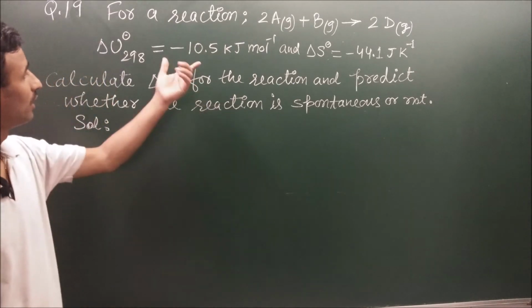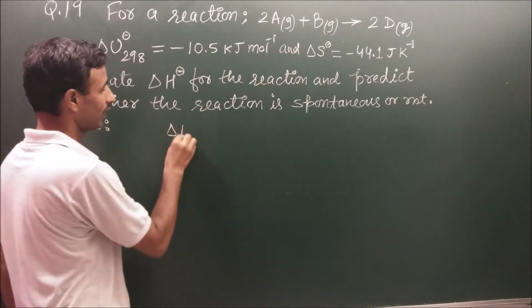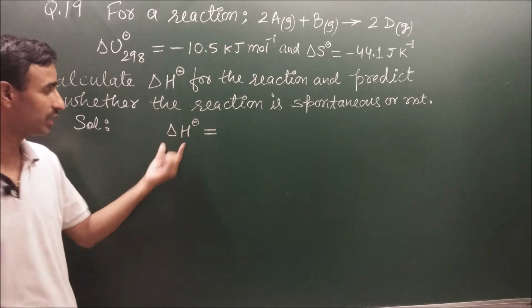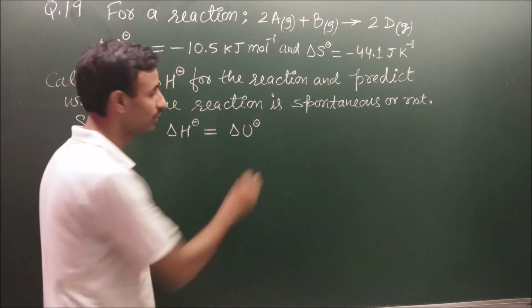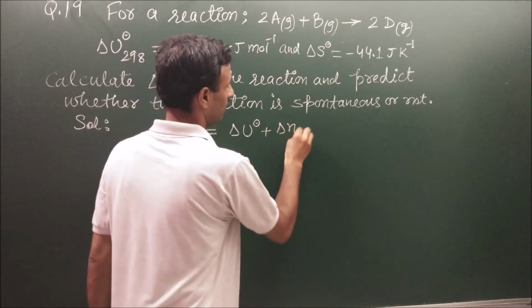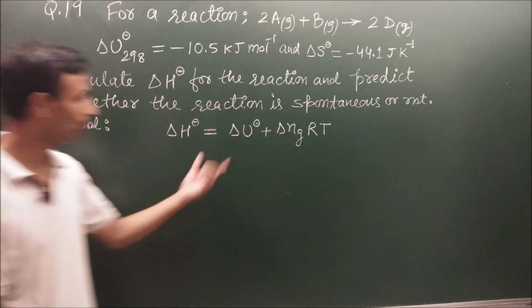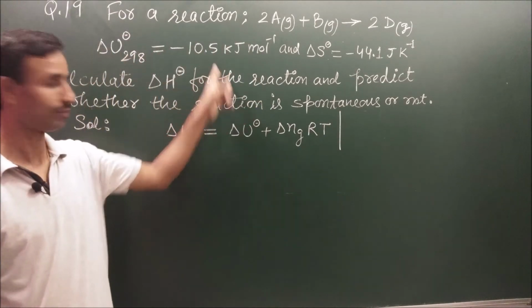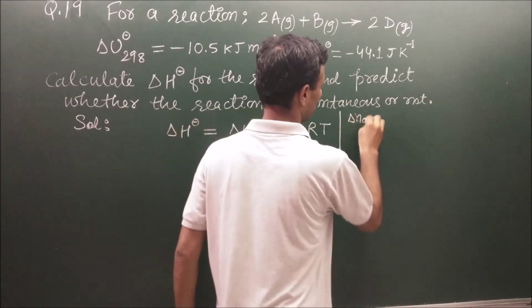So first let us calculate delta H naught. Delta H naught, the standard enthalpy change, equals standard internal energy change plus delta ng RT. So delta U naught is given.